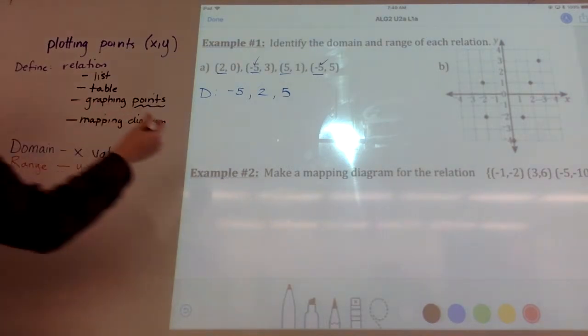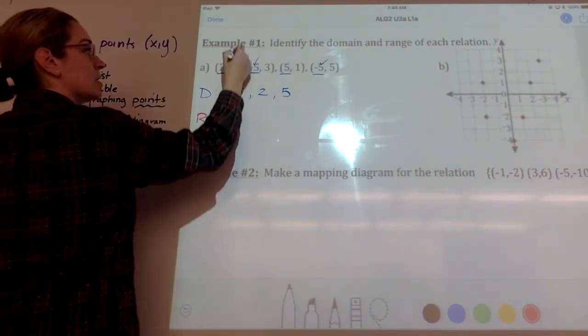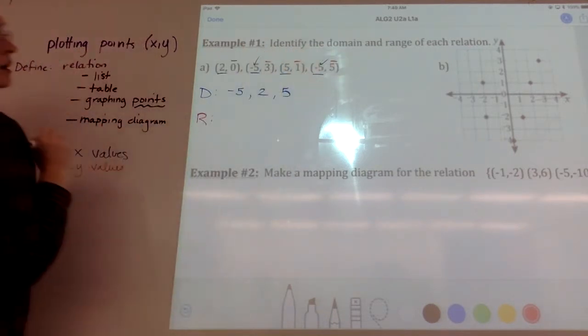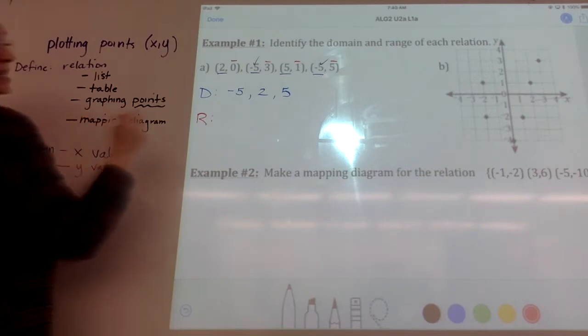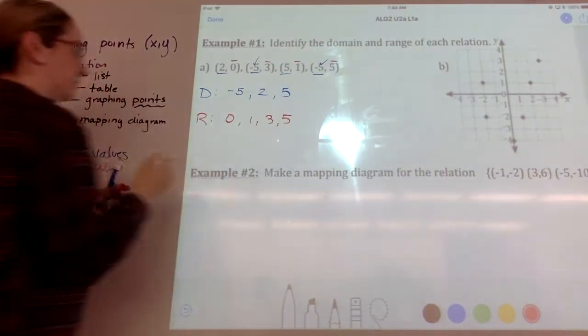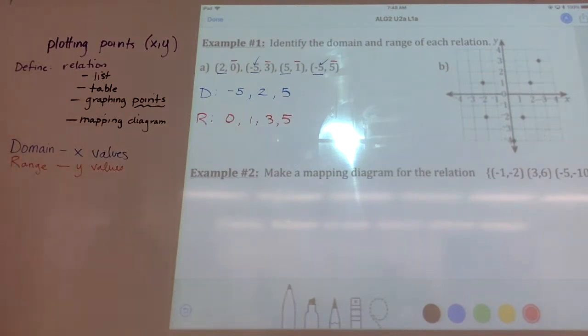Your range is going to be the y values. So my y values are going to be here, here, here, and here. None of them repeat, so I just list them from lowest to highest. 0, 1, 3, and 5. That's it. That's what they are asking you to know.